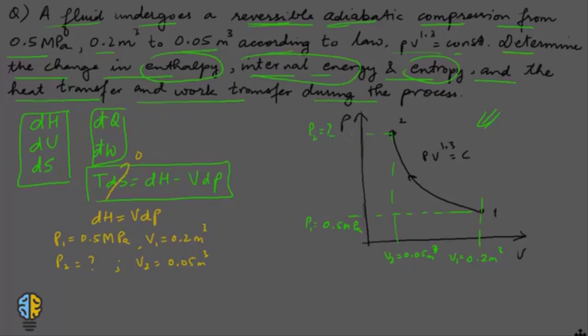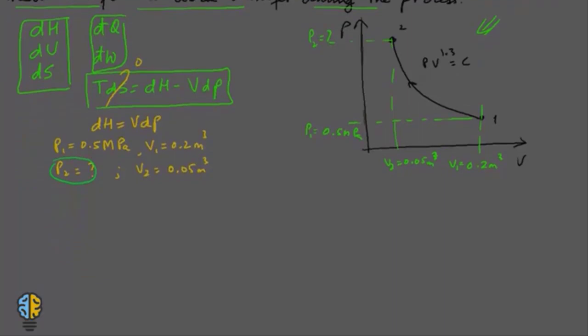Now we have to find out the value of P2, and if you go by the law which is governing the process, you would get P2 by P1 is equal to V1 by V2 to the power n, because that is inversely proportional, and the value of n over here is 1.3.